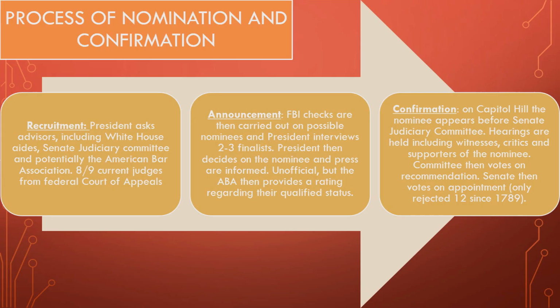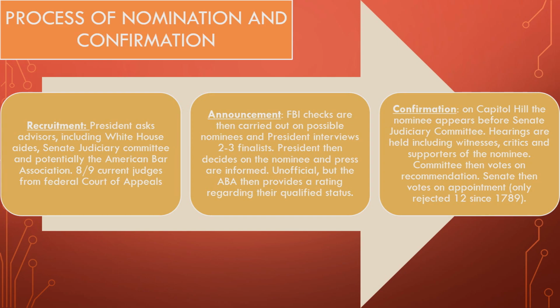So, this is the process of nomination and confirmation. First of all, recruitment. The president asks his advisors, including White House aides, the Senate Judiciary Committee, and potentially the American Bar Association. 8 of the 9 current judges... That's not true, actually. I've changed that. So that changed with Kavanaugh.